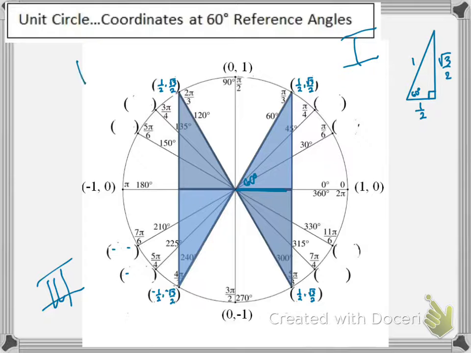Over in quadrant 2, my x's are going to the left, so they're going negative, but my y's are still going up to be positive. So I need 1/2 to be negative, but √3/2 is positive. Over here, reversed. The x's are going back in the positive direction. The y's are going down in the negative direction, so I get a negative on my √3/2.